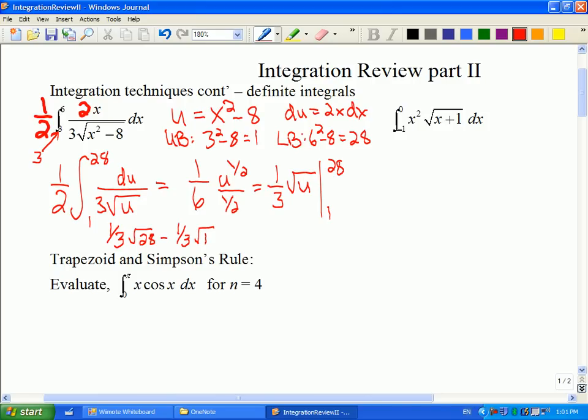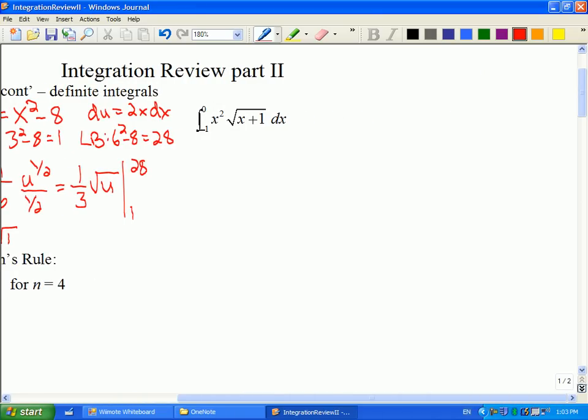So I'm going to have you try the second one on your own, and again, remember, make your substitution, but you also need to change your bounds when you do that. So a good choice for substitution in this example would be x plus 1. That means where my bounds are going to change. The lower bound is going to be 0, and the upper bound is going to be 1.